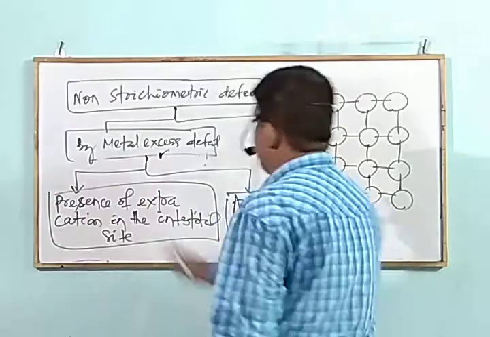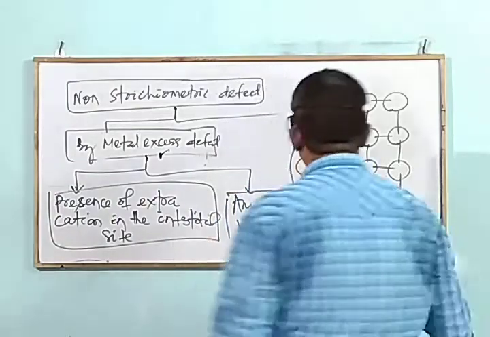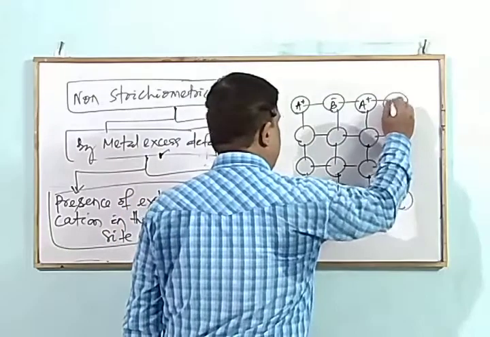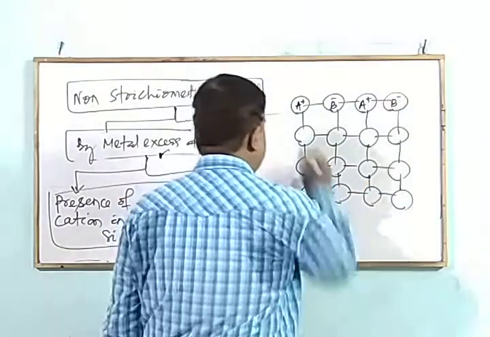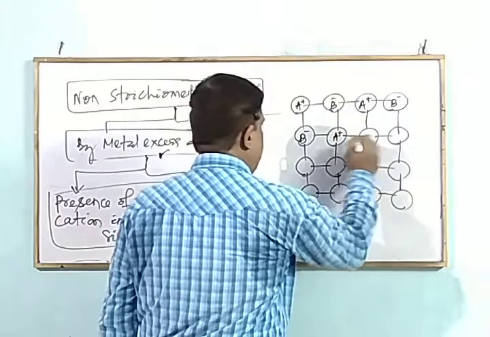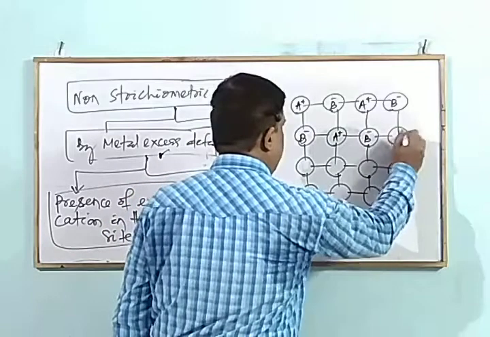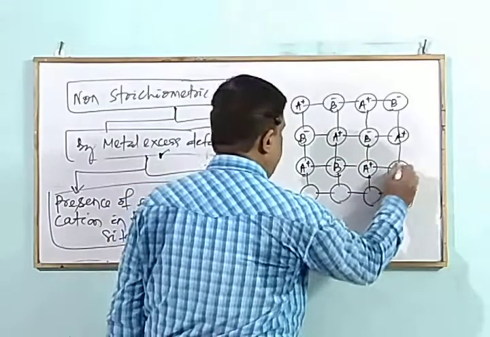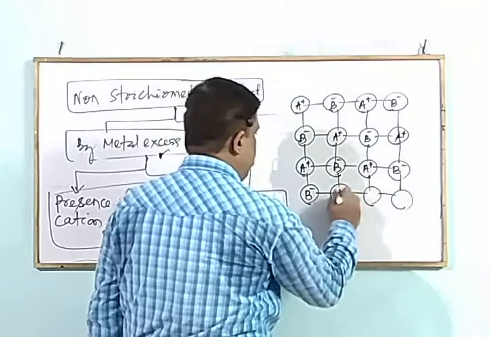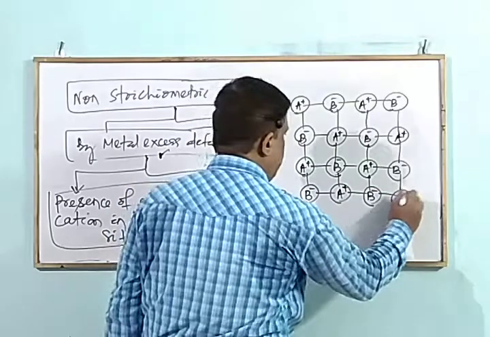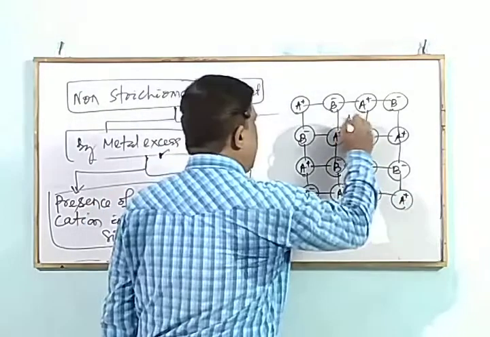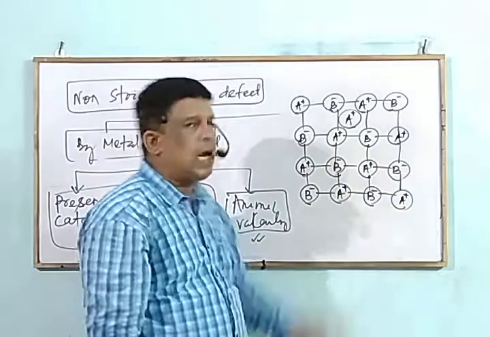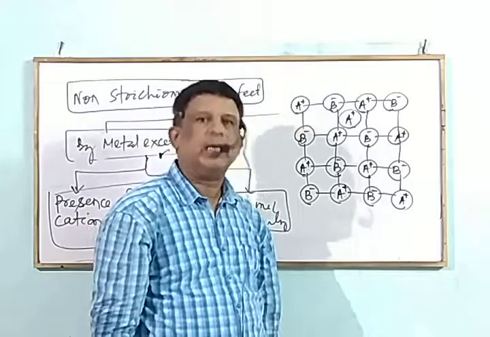Mark that by the presence of extra cation, that is A plus, B minus, A plus, B minus, and so on in alternating rows. Mark that the extra cation is occupying the interstitial site. Extra cation occupying the interstitial site in this defect.